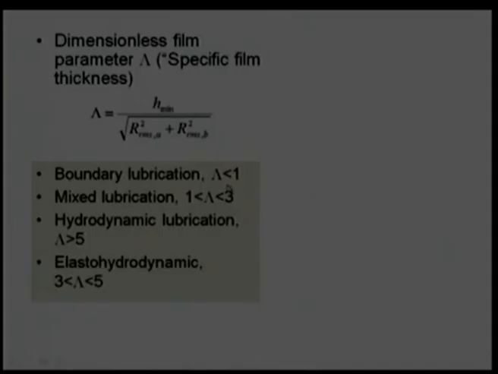In that case, capital lambda will be lesser than 1, meaning surface roughness is higher compared to film thickness. However, if we provide some lubricant, partial lubrication, then this value will be lesser than 3 but greater than 1. If we provide thick film lubrication, lambda will be greater than 5.